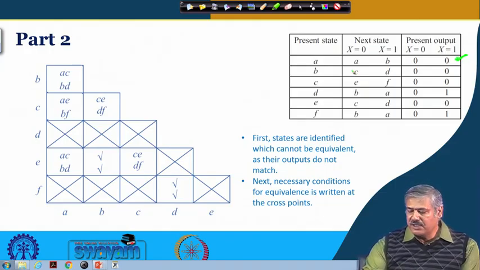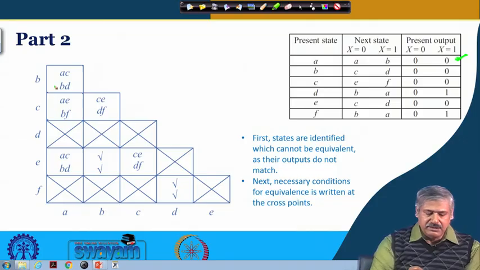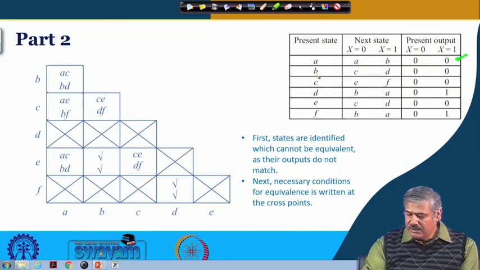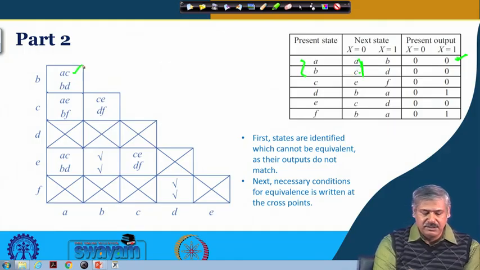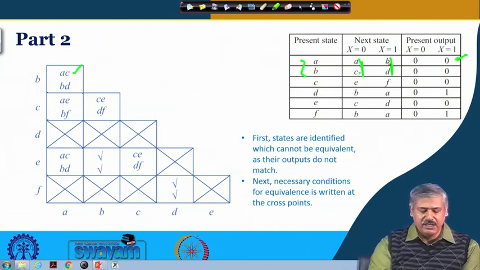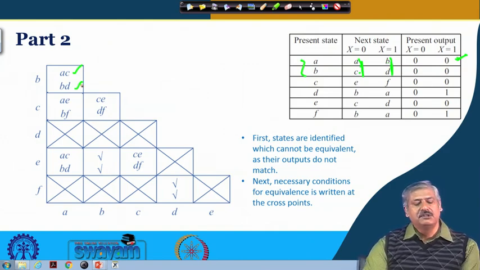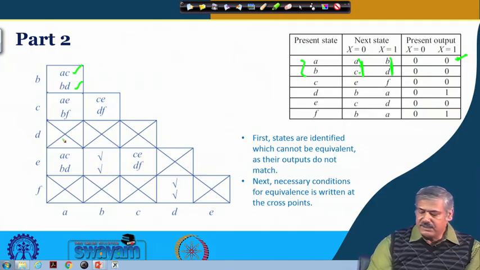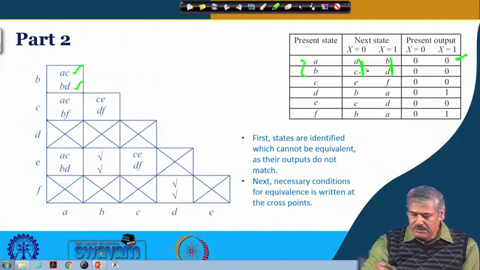So, A and B are equivalent if, when x is equal to 0, A is going to A, B is going to C. If A and C are equivalent, and B and D are equivalent, then A and B can be considered as equivalent. Is it fine? Right. Similarly, when you compare A and C, that is we are comparing A and C.